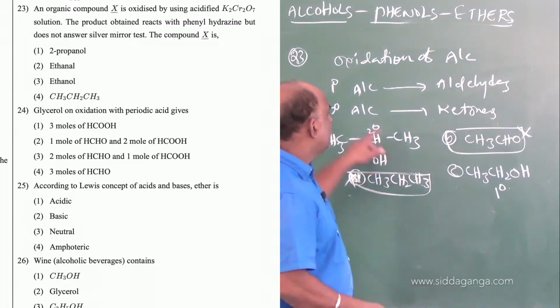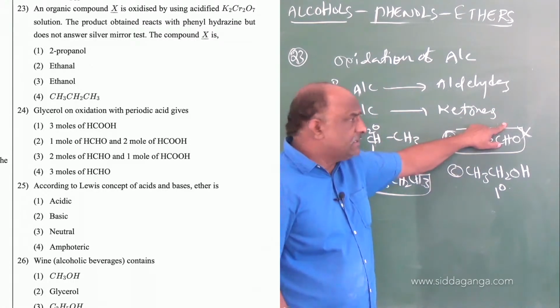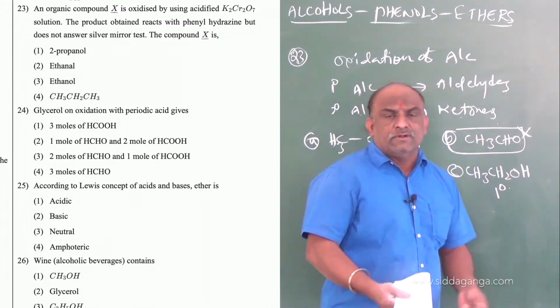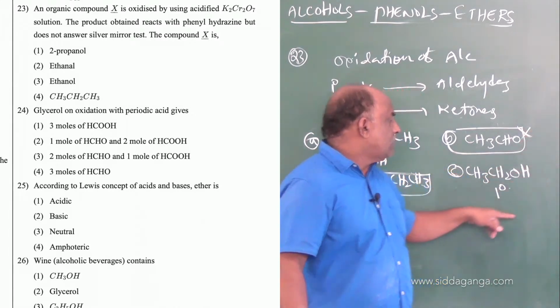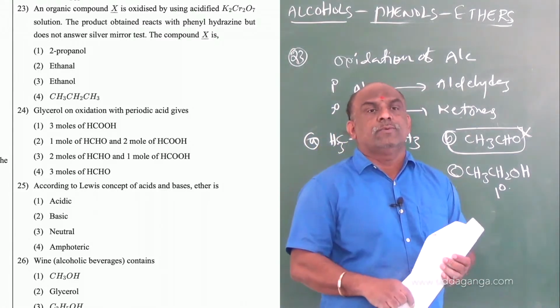A secondary alcohol gives rise to a ketone. A ketone does not react with Tollens reagent. A primary alcohol produces aldehydes, and aldehydes give the silver mirror test with Tollens reagent. According to that information, the correct answer is 2-propanol.